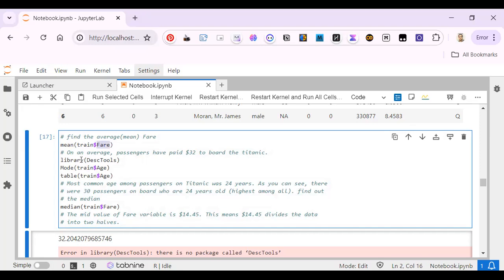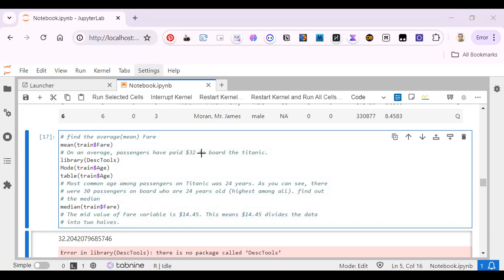And here I'm using the library desctools. Why? Because I want to look at mode. The mode is a part of it; for example, if you go here, mode is a direct return function, right? I want to load it here with library. I just write it something like this, with capital T. When I run it here, let's see, because that is a different version, this is a different version.